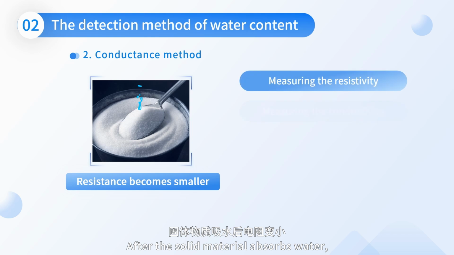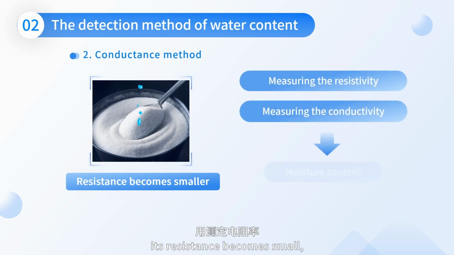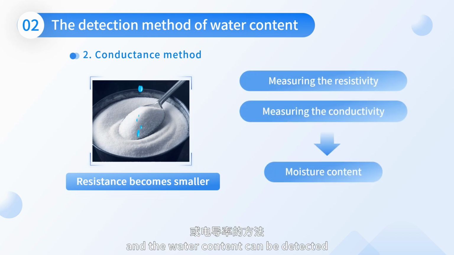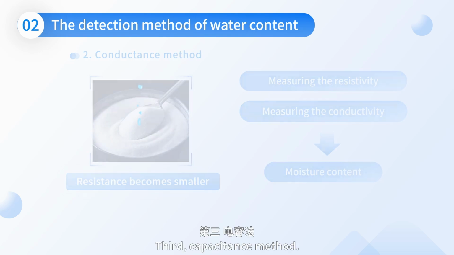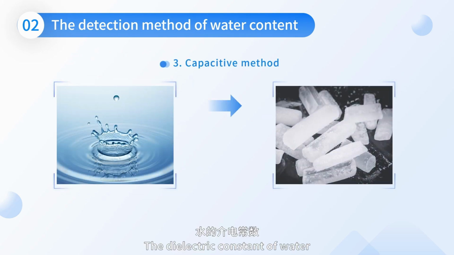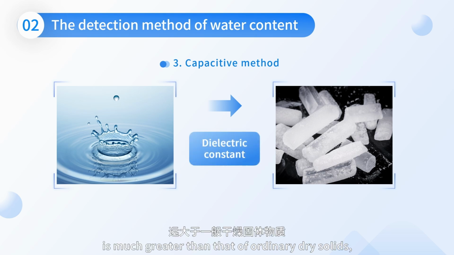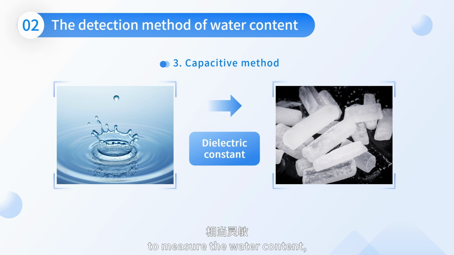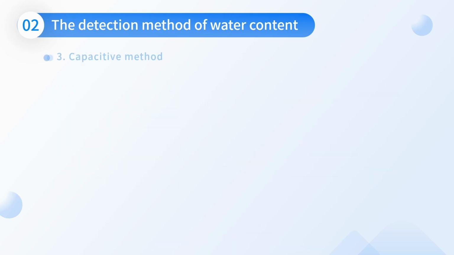Second, the conductance method. After the solid material absorbs water, its resistance becomes small, and the water content can be detected by measuring the resistivity or conductivity. Third, capacitance method. The dielectric constant of water is much greater than that of ordinary dry solids, so the capacitance method is quite sensitive to measure the water content, and the water content of paper in paper mills can be measured by the capacitance method.